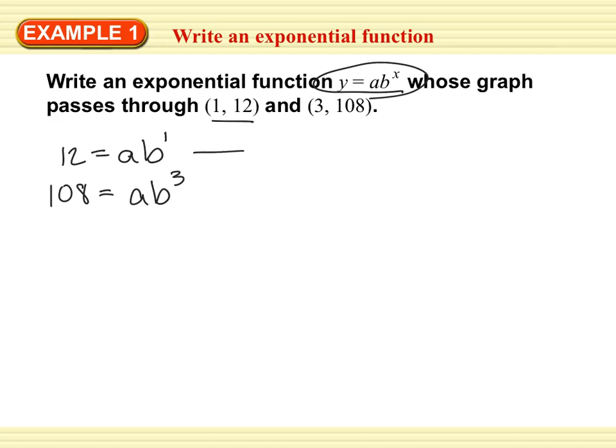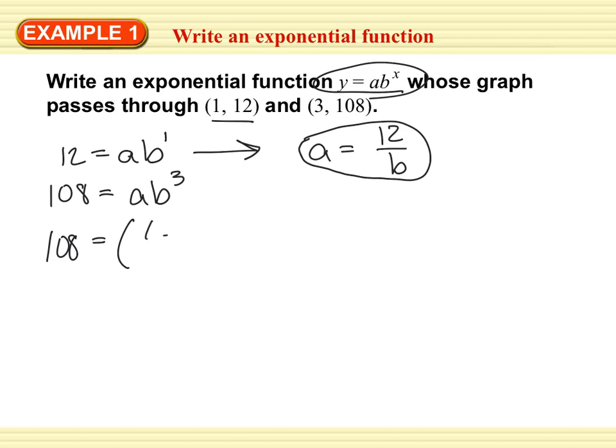So let's solve this equation for a. a equals 12 over b. I could say b to the first power, but that's silly. I don't have to do that. Now I'm going to take what I solved for in the first equation and substitute it into the second equation. So I have 108 equals, instead of a, I'm going to write 12 over b, times b to the third power.